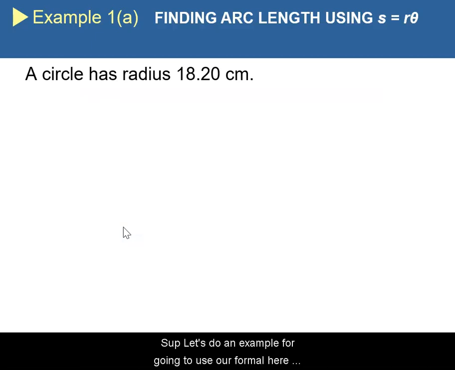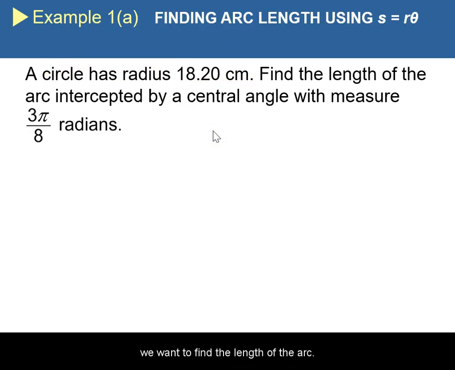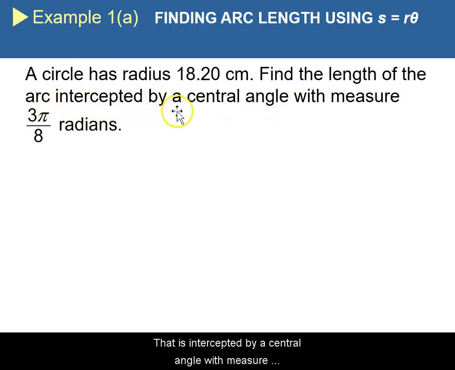So let's do an example. We're going to use our formula here to find an arc length. A circle has a radius of 18.2 centimeters. We want to find the length of the arc that is intercepted by a central angle with measure 3/8 pi. So what that means is we have 3 pi over 8 radians and a radius of 18.2.